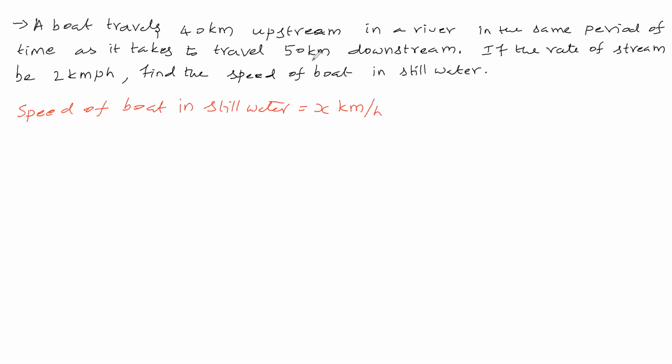Next, downstream we will take 50 kilometer downstream. The speed of boat in downstream is x plus 2 kilometer per hour.